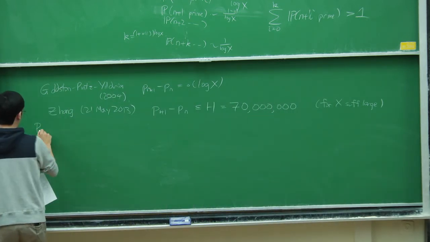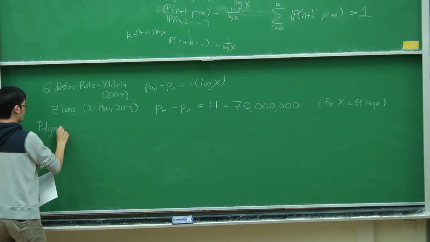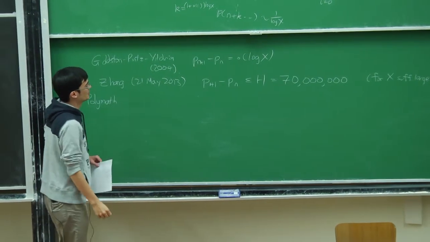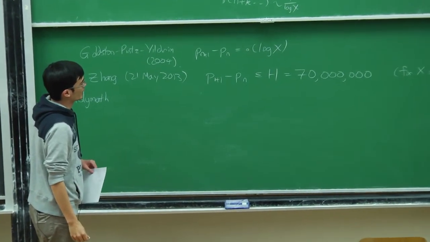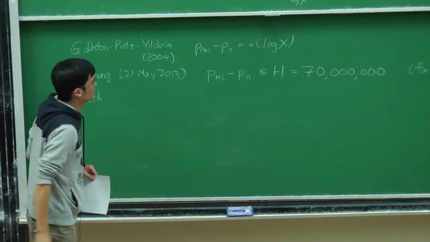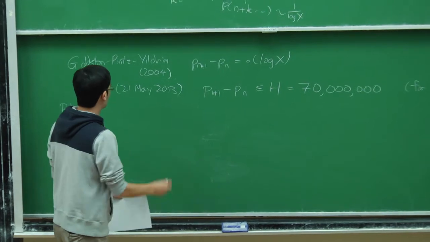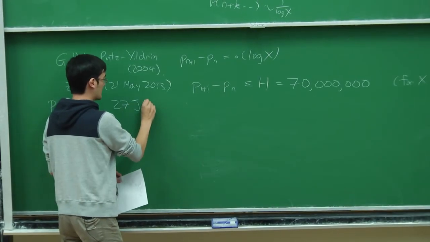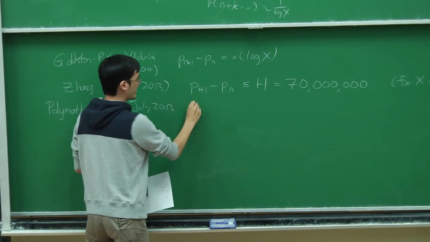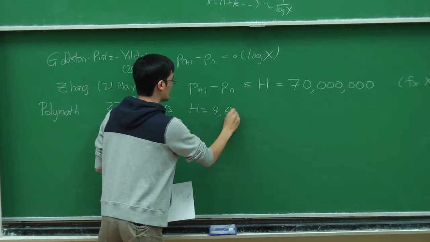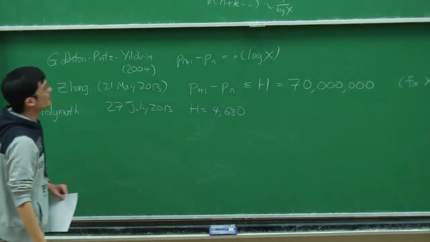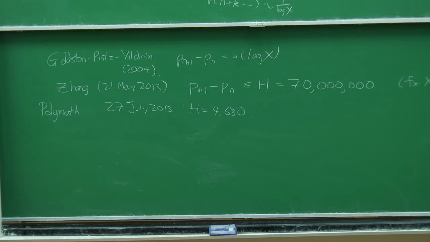It's a collaborative online project whose goal was to make this number reduce as much as possible. And by 27th of July we managed to get h down to 4,680 by pretty much optimizing every single thing in Zhang's paper.